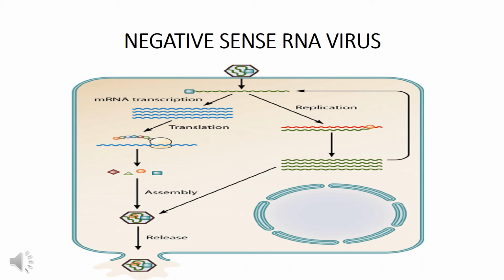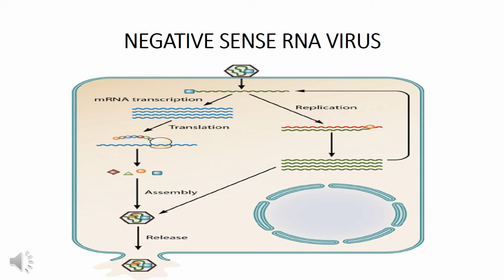is very important, because in negative sense RNA viruses there is an additional step involved before the formation of protein, which is the formation of RNA from an RNA strand.